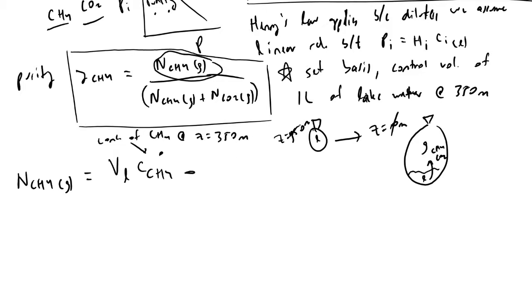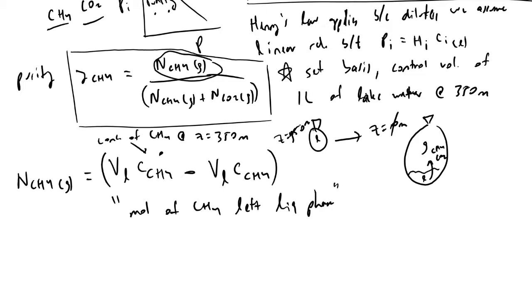And because we are interested in how much is left, we'll have the same V sub L times the concentration of CH4 that exists at some new pressure, which I'll simply call CCH4. And just to underline this point, this is the moles of methane that have left the liquid phase.